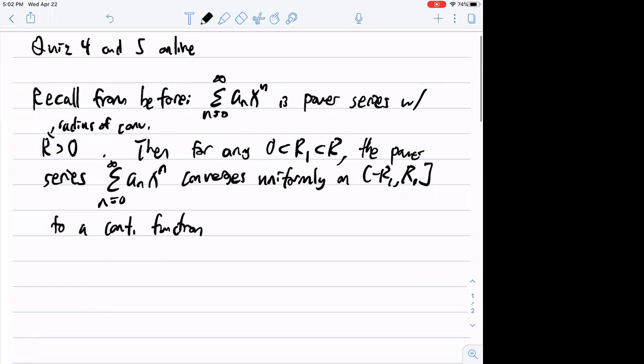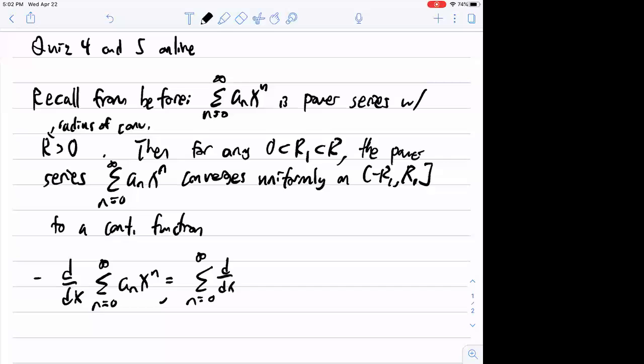And inside that interval, we have that d/dx of this, we could bring inside. So that's a statement: inside our interval of convergence, we could bring the derivative in.